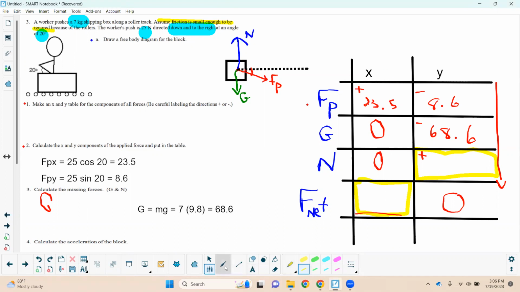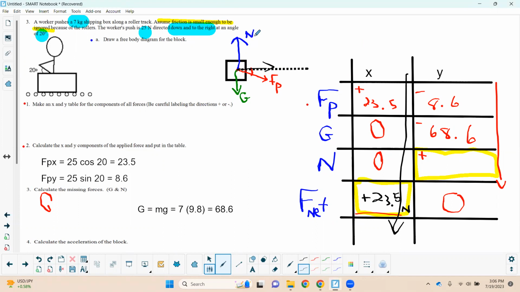If I take a look at this column and add going down, it's 23.5 in the positive direction plus 0 plus 0. That's going to be a positive 23.5 newtons. That is how much the net force is acting on this, because there is no Y direction. So it's only going to the right. The overall force is just going to the right, and it's however big that is.